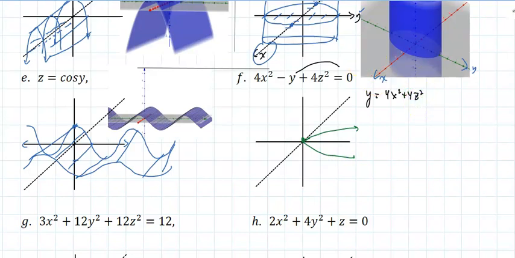And if I zero out the x, y equal 4z squared is a parabola that is wrapped around the y-axis but running in the z direction. So this blue graph is on the traditional yz plane, and if you go from one color to the next, you will be able to see what that graph looks like. This is a paraboloid wrapped around the y-axis.